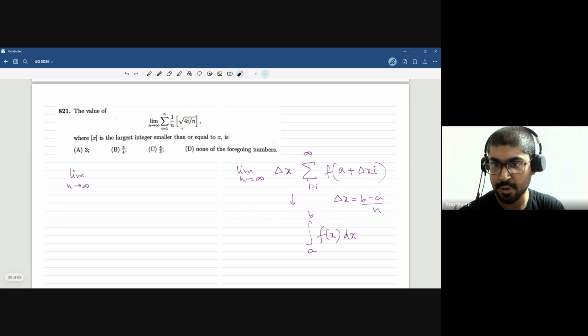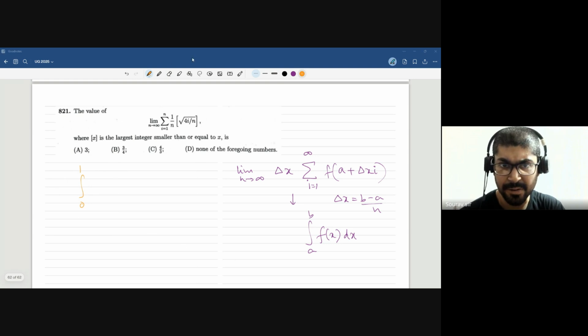So what is not here? This a is not here. That means a should be 0. If a is 0 and b minus a is 1, that means a is 0 and b is 1. So very clear that this definite integral will go from 0 to 1.